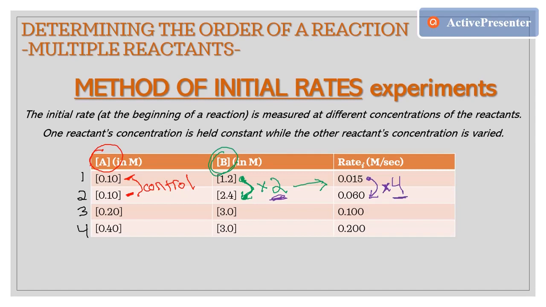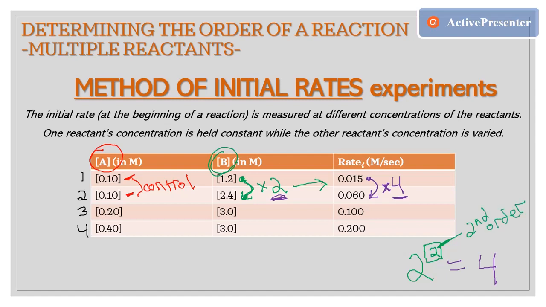So let's write that down. As we doubled the concentration of B, the initial rate quadrupled. It went up 4 times. So what do we need as an exponent next to this 2 to make this equation correct? We need a 2, because 2 squared equals 4. Since we put a 2 as an exponent there, that means it's going to be second order.